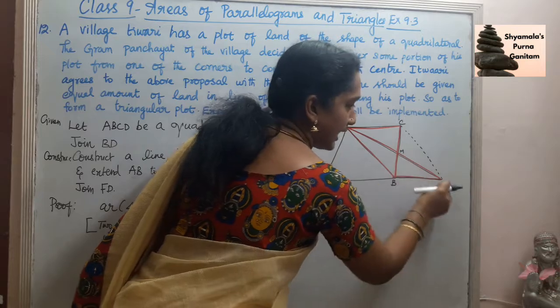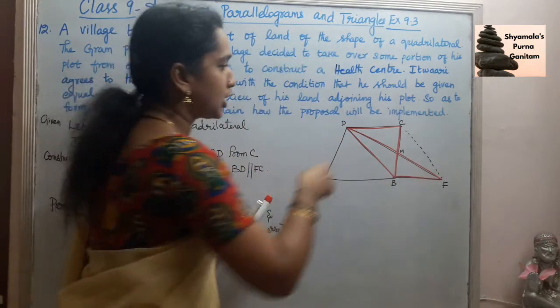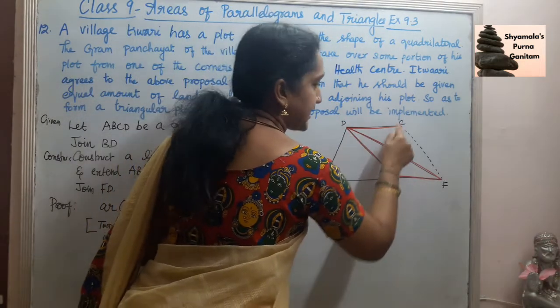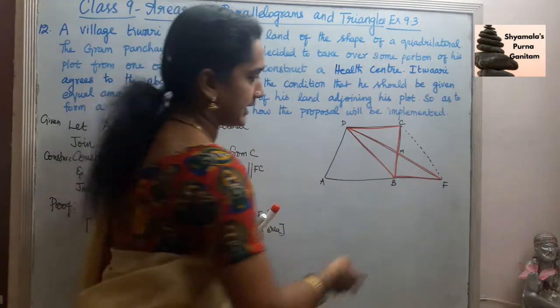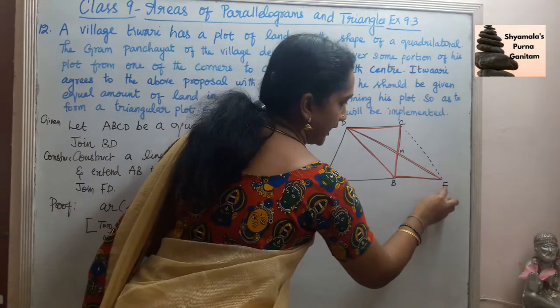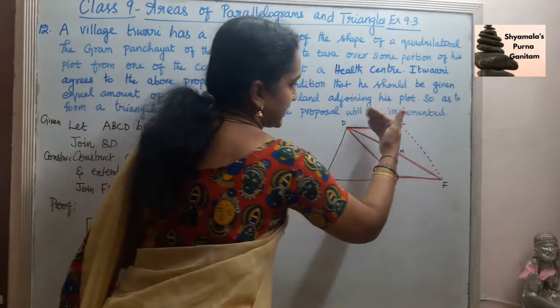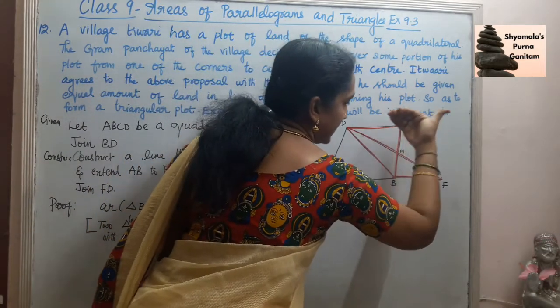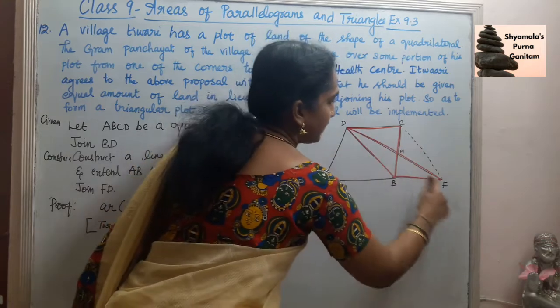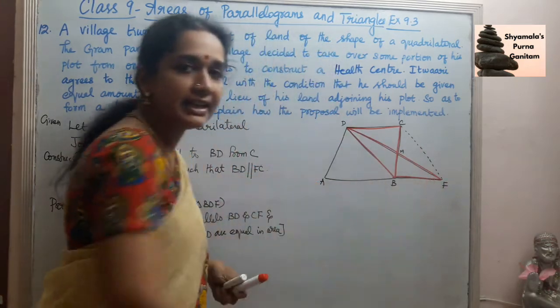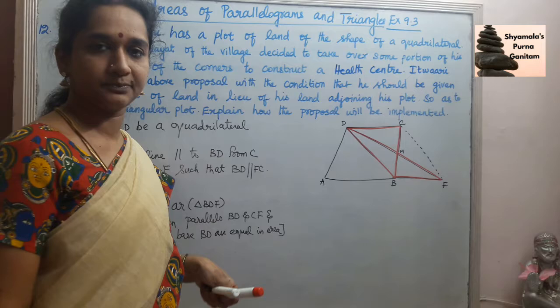Instead of DCM, we are including FBM, such that removing this, that area is included here so that we will get the triangle ADF. That is what he is asking.